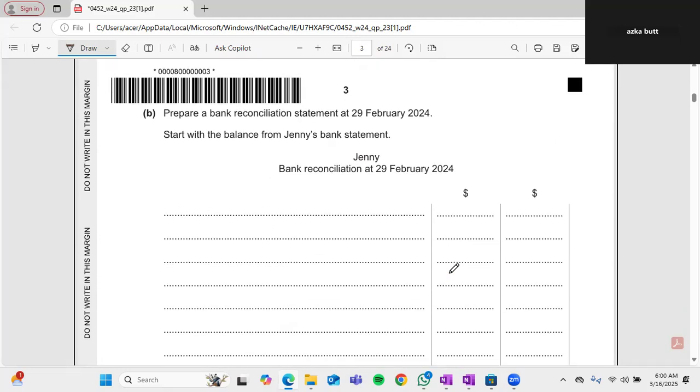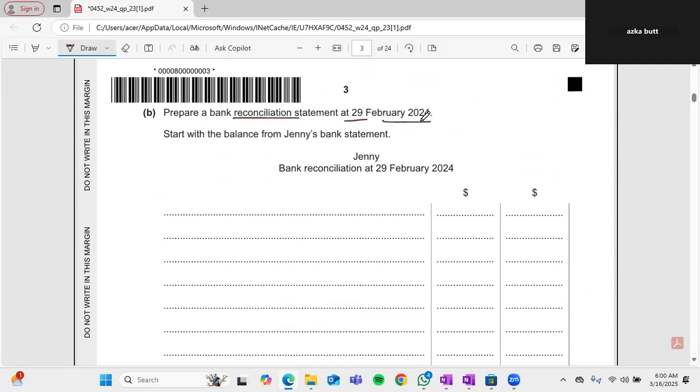Now let's see the BRS. Prepare a bank reconciliation statement at 29/2/2024. Start with the balance from Jenny's bank statement. Okay. So now we have to prepare the BRS. We can use either the balance on the bank statement or the balance in the cash book.